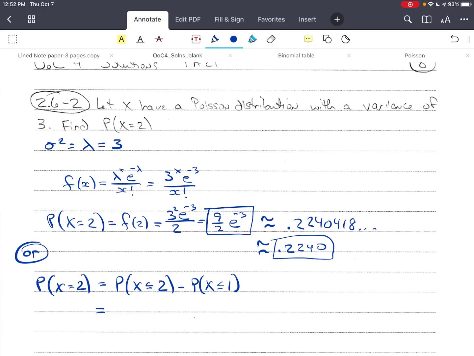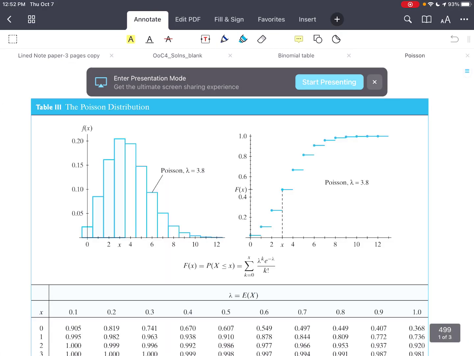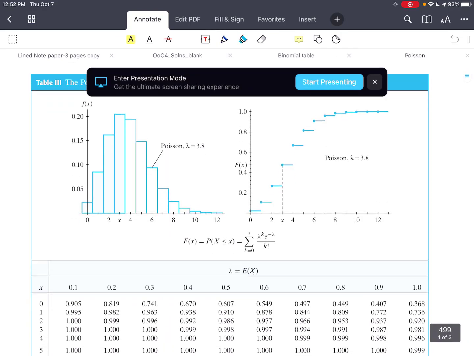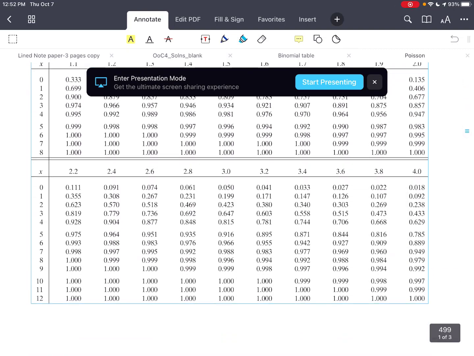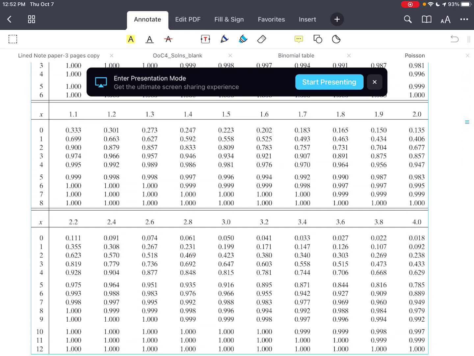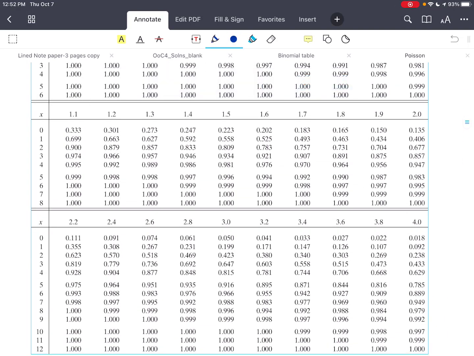And this is when lambda is equal to 3, so Poisson, lambda is equal to 3. I'm going to have to come to here, and 2. So 2 and 1. So we're going to take these two numbers, 0.423 minus... am I doing this right?